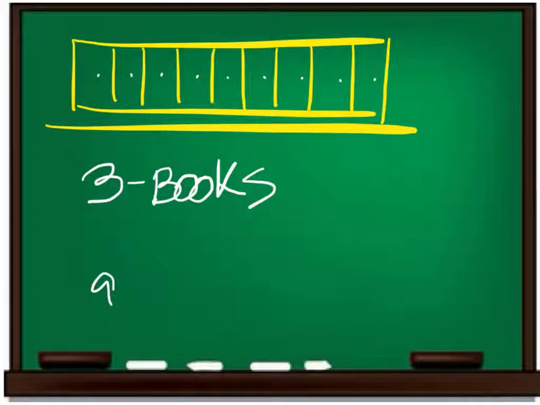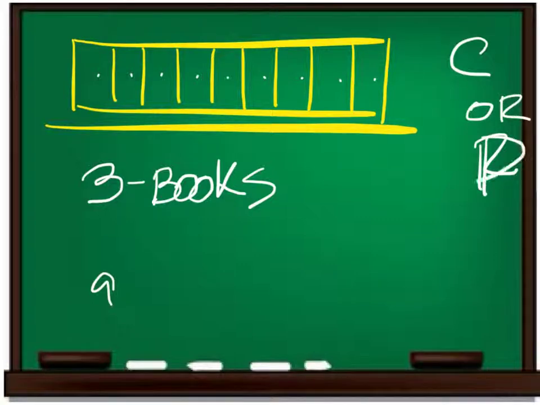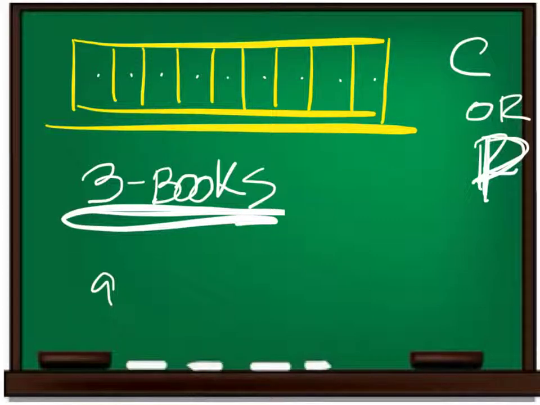Combination or permutation, C or P? Oop, that's an R. P, order is important in permutations, but in this problem, combination is what you're going to have to use because it doesn't matter in which order you're going to choose the 3 books. You just want 3 books at a time.